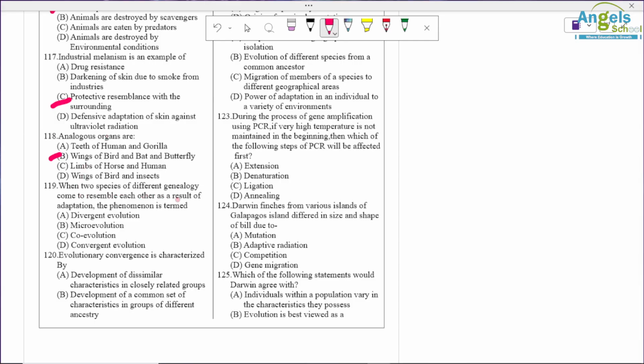When two species of different geology come to resemble each other as a result of adaptation, the phenomenon is termed convergent evolution.